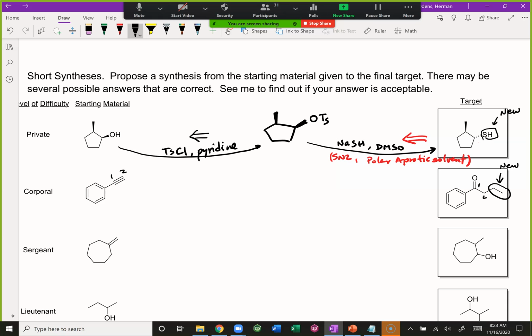Now, check this out. Thinking backwards, what would be the common intermediate between these 2 molecules? I have a triple bond, and I have added a 2 carbon chain there. So some of my students have told me that sometimes they cannot think backward entirely.